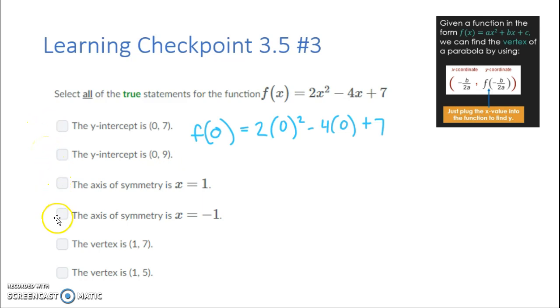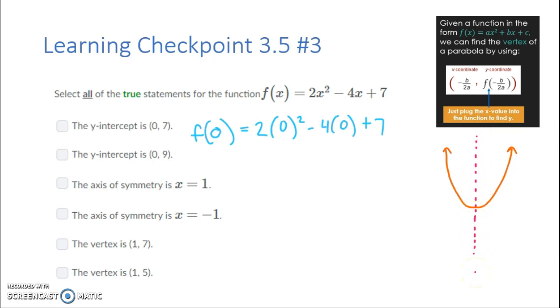Your middle two choices are about your axis of symmetry, and I have part of that snipped right here. Your vertex and your axis of symmetry go hand in hand. So I'm going to draw another ugly little graph for you real quick. So let's just pretend that this is our graph. Your axis of symmetry is the imaginary dotted line that cuts your graph in half.